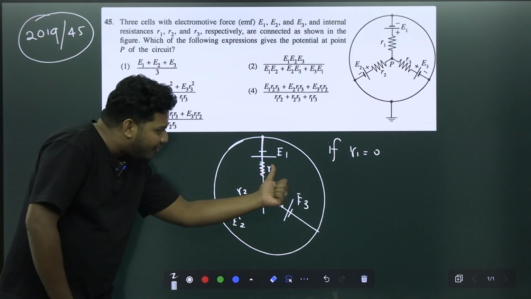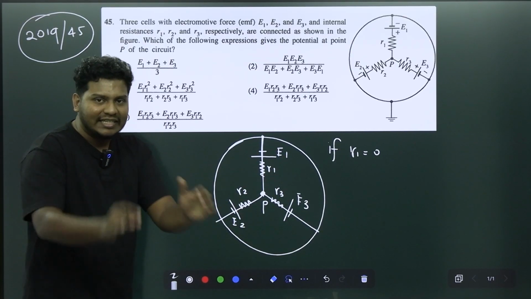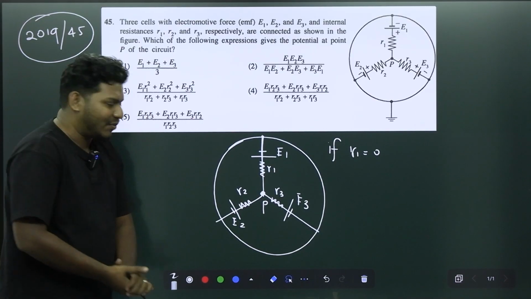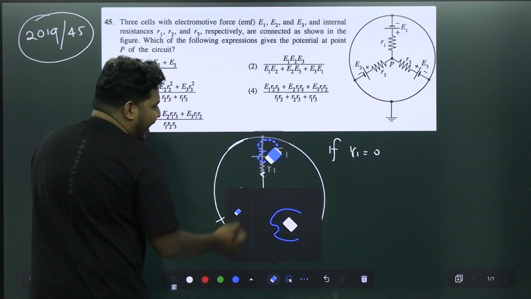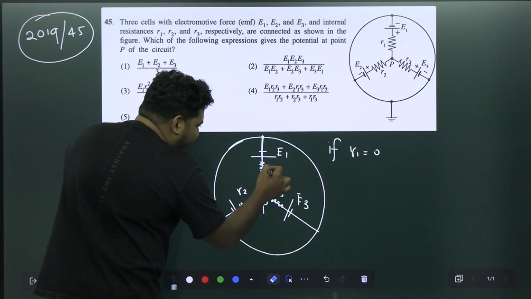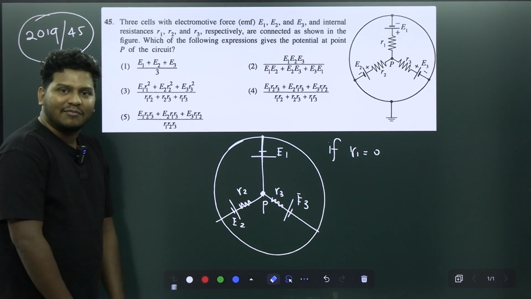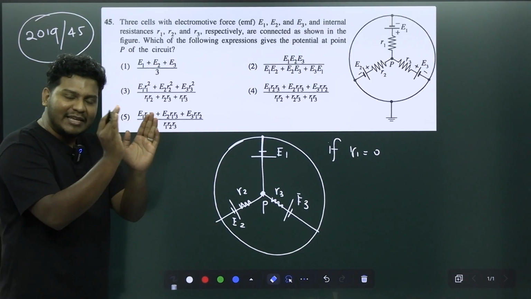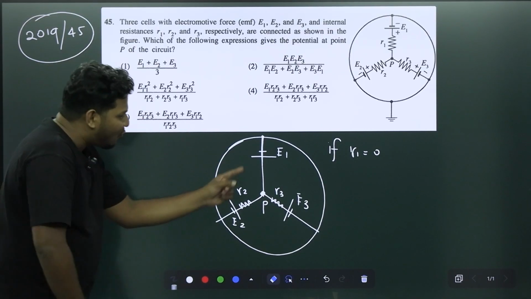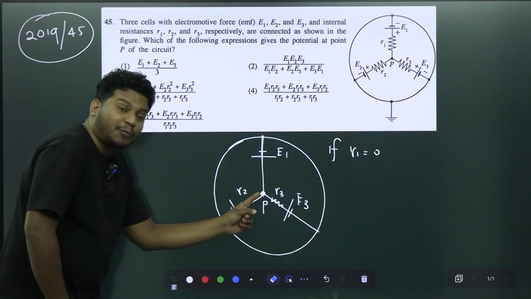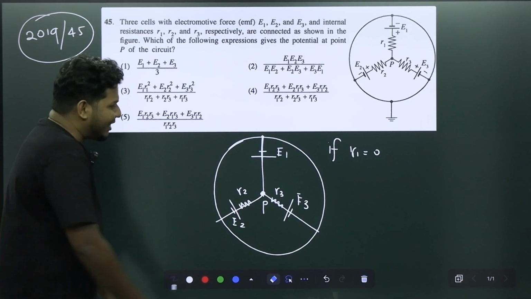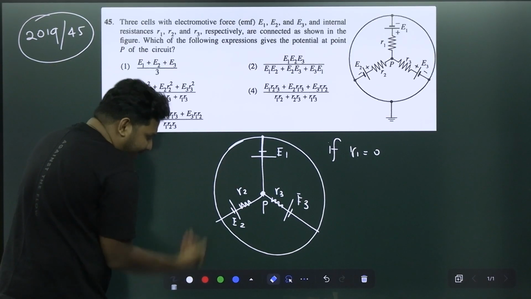So R1 equal to 0 means there is no resistor here, right? I am going to erase this R1. Now tell me, this is the important part. What is the voltage at this point P? There are no resistors here.